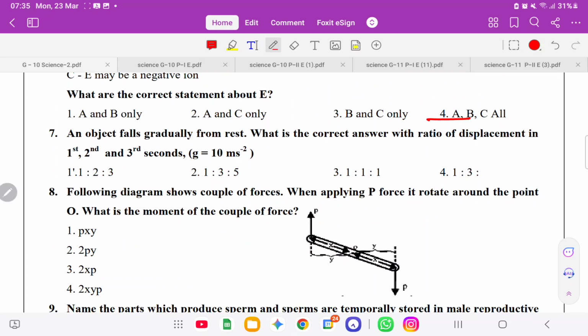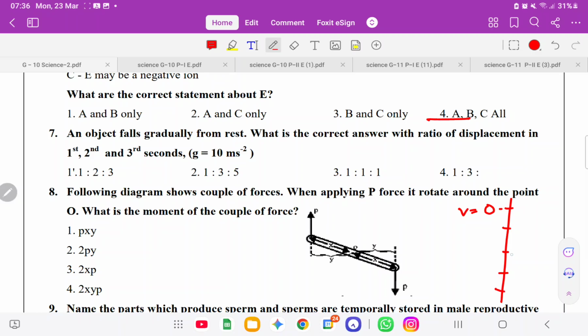Seventh one: an object falls gradually from rest. What is the correct answer for the ratio of displacement in the first, second and third seconds? Just look at what happened here. It starts from zero velocity and goes downwards.